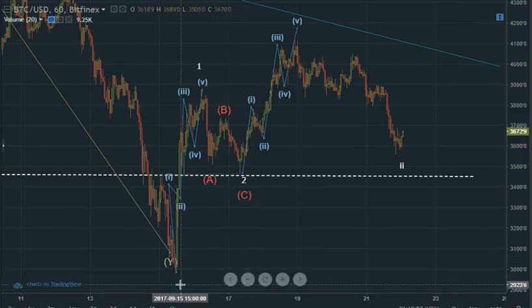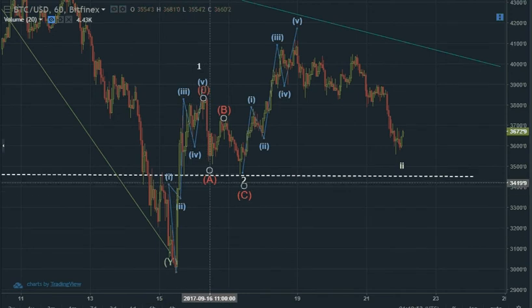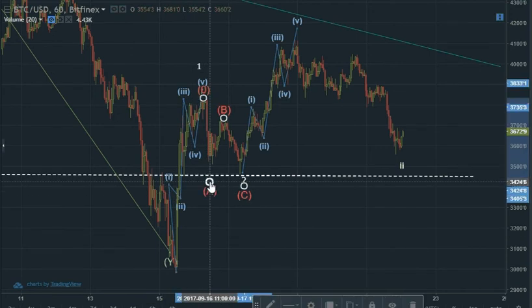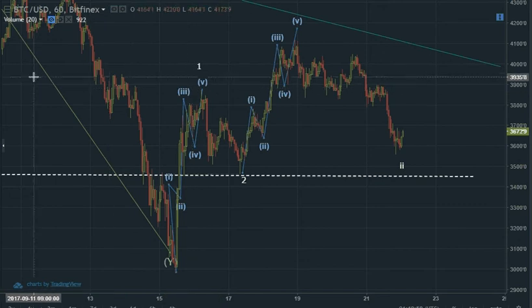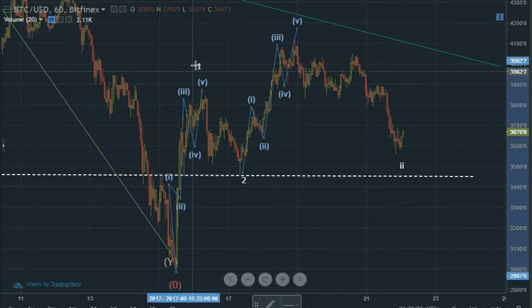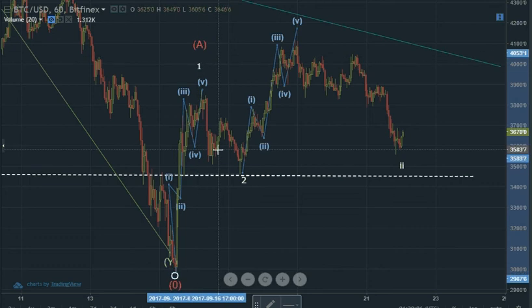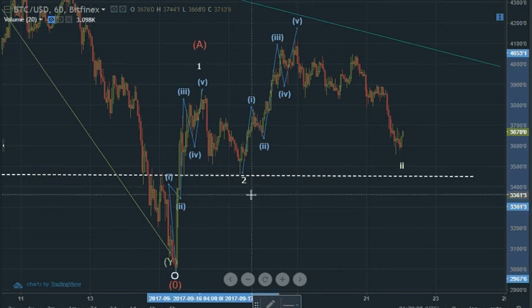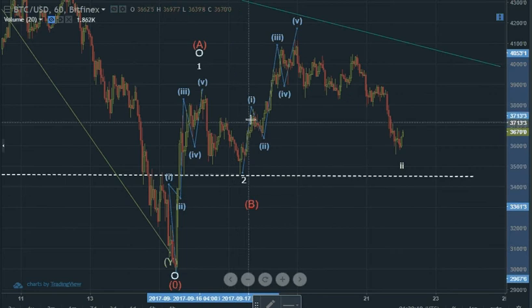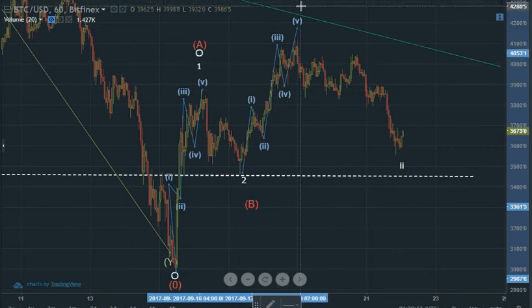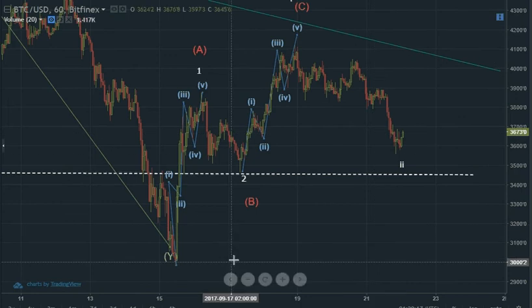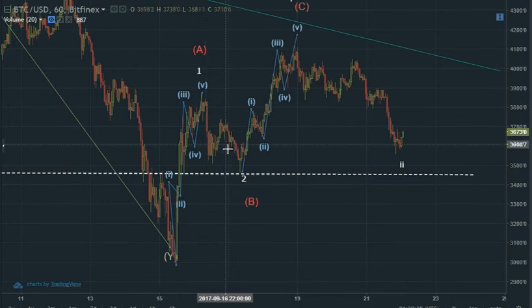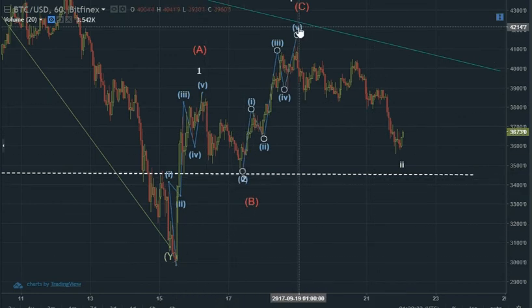So what I'm thinking is, sorry about that, this is 5, makes up A. These 3 waves make up B. These 5 waves make up C. And what kind of a correction is a 5, 3, 5 in Elliott wave?